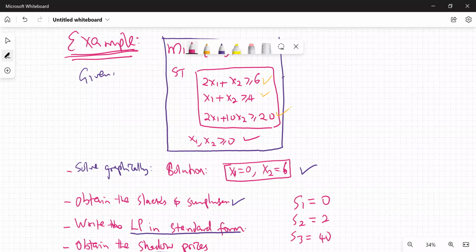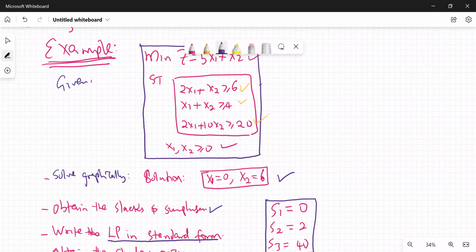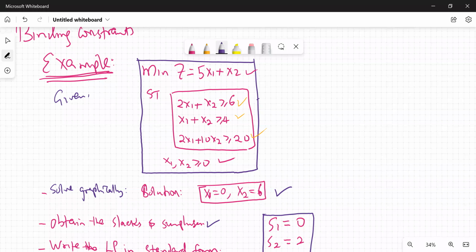So once you obtain the slacks and the surpluses, that is your S1, S2, and S3, now you rewrite this model using equations in the constraints, and you also incorporate the slacks here. But the slacks should not change the optimal value. So what you'll do, you'll give them coefficients of 0.